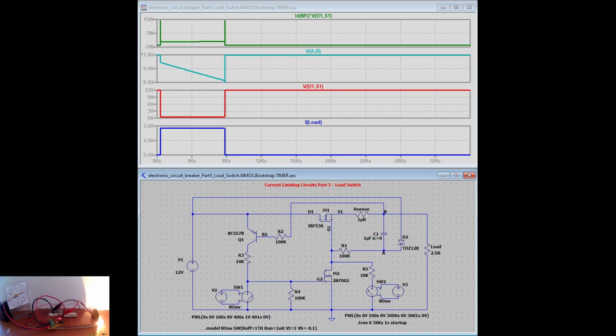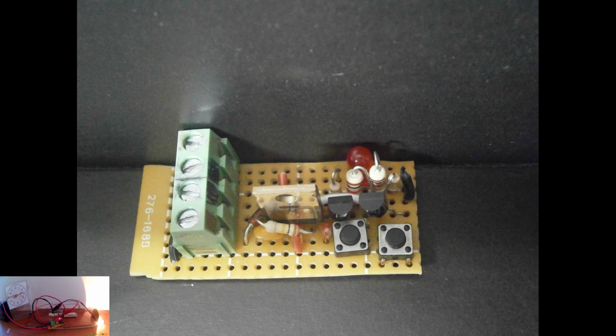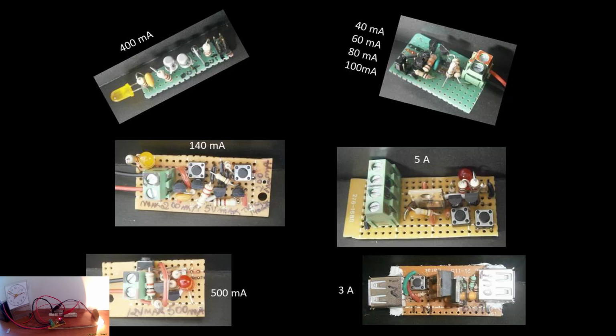This timer feature can be exploited as it prevents the circuit from being left on for too long. Give it a try. It will be a good challenge for you. And at the end, you will have the satisfaction of achieving something very different.